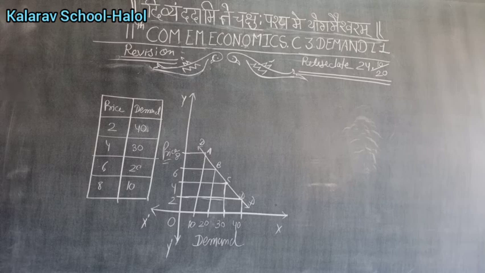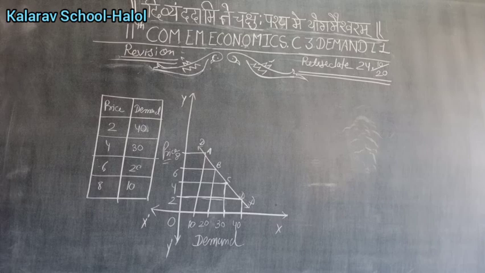Next, substitution effect. Due to substitute goods, when demand rises or falls, that effect is called the substitution effect. When the price of the concerned good falls, it becomes relatively cheaper than the substitute. Hence, the consumer will reduce the consumption of the substitute good and expand the demand for the concerned good.